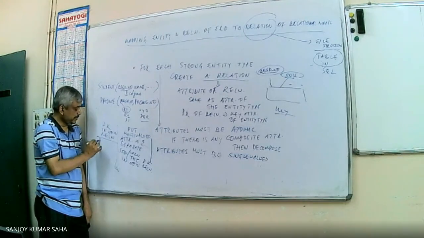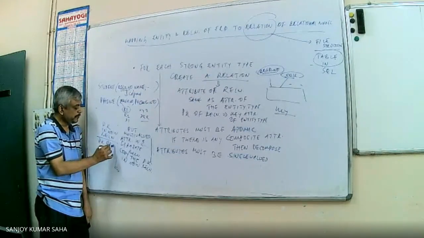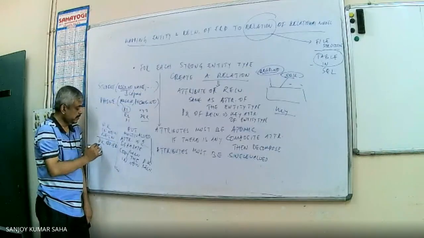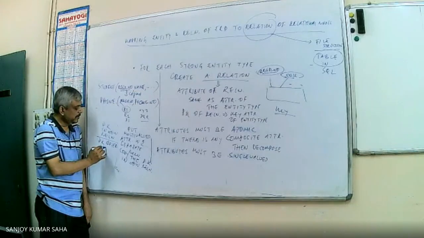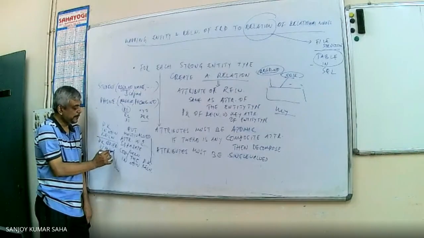The primary key in the new relation will be the primary key copied from the original relation union the multi-valued attribute.